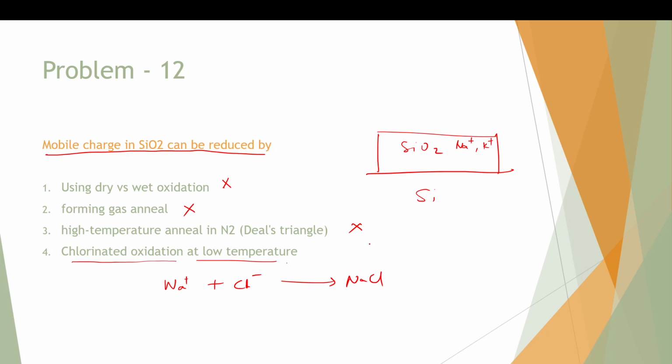These salts can't alter the electronic properties as they won't be mobile charge carriers. Even metals will form stable salts with chlorine. It's a very good oxidizing agent, and that is why this works for handling the mobile charges in SiO2. So that's it for today.